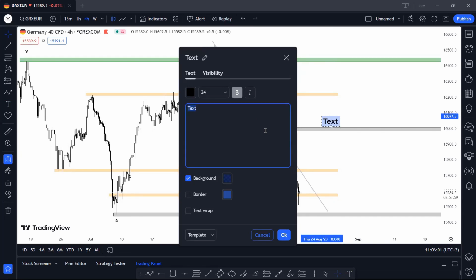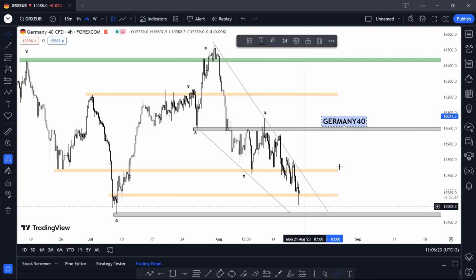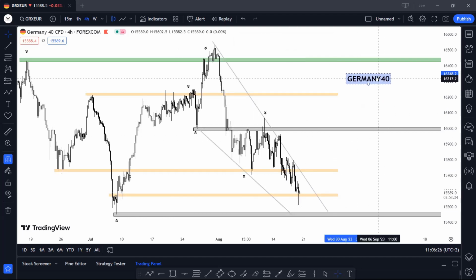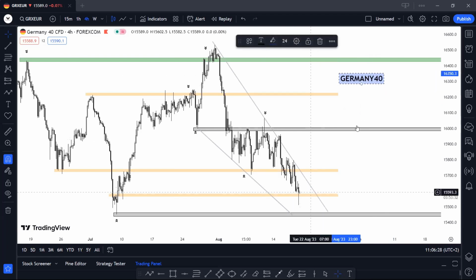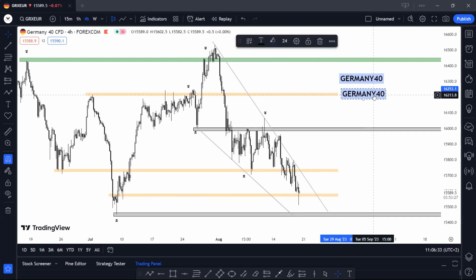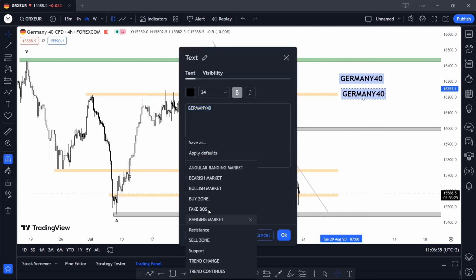We are currently in a bearish market structure.